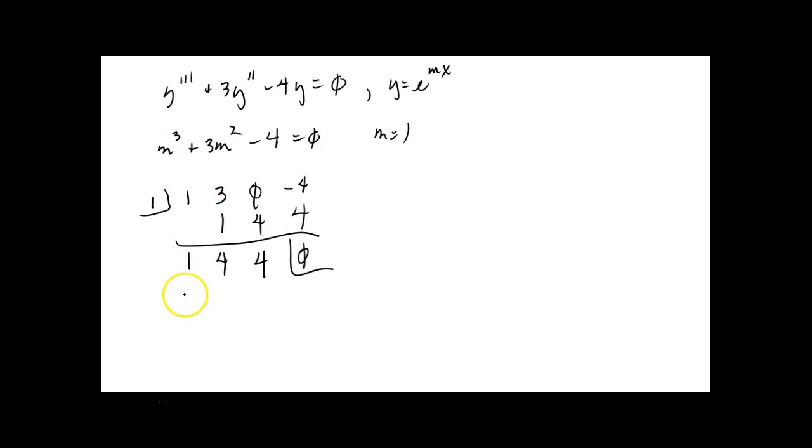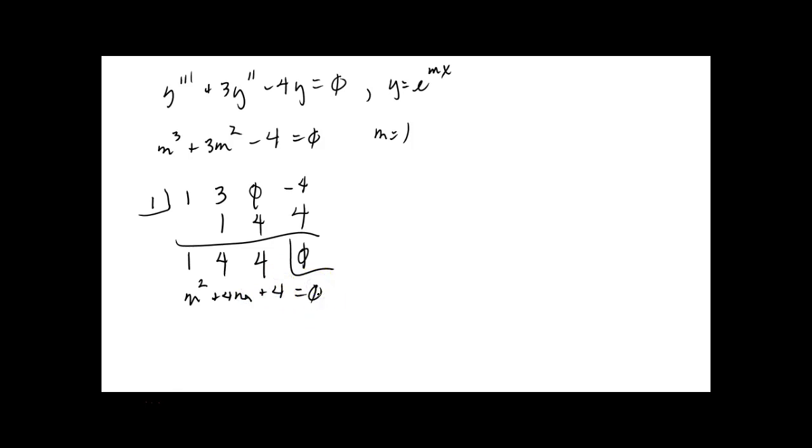Help me. I need help. M squared plus 4m plus 4 equals 0.